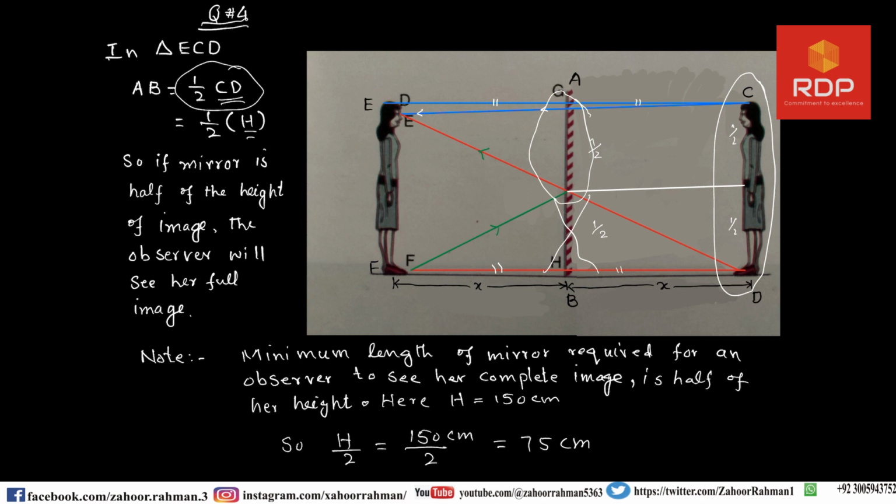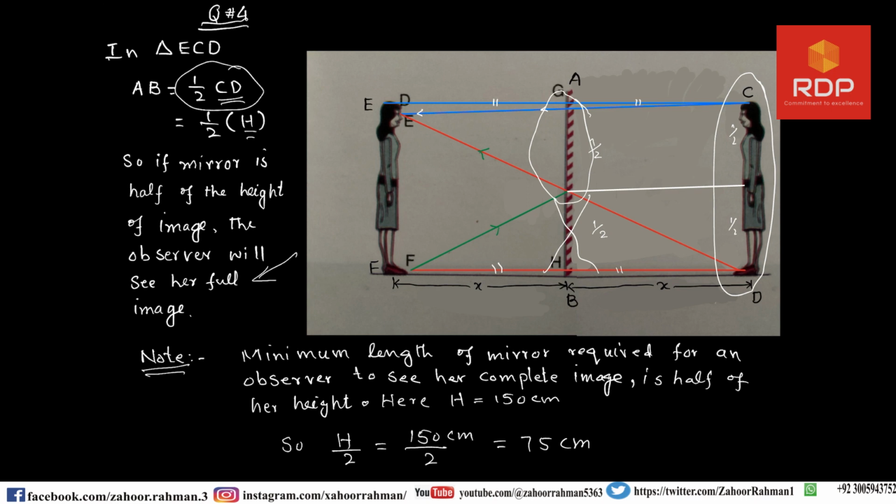Now let's complete this third part, then we will move towards the fourth part. I have written the summary here. The minimum length of the mirror required for an observer to see her complete image is half of her height.